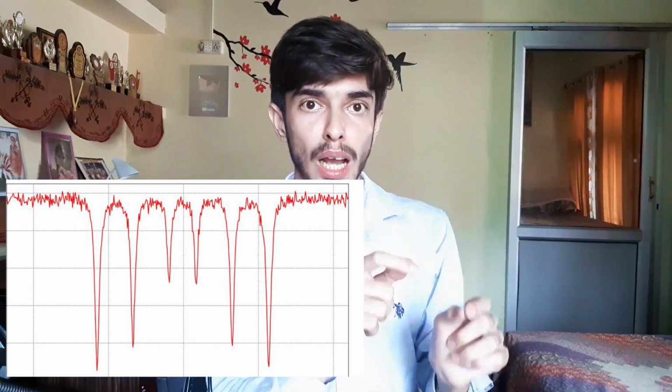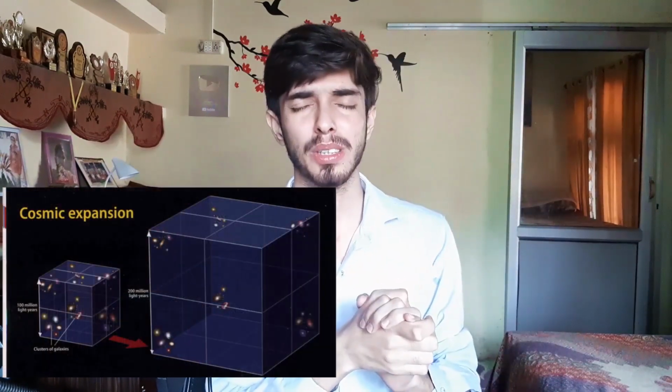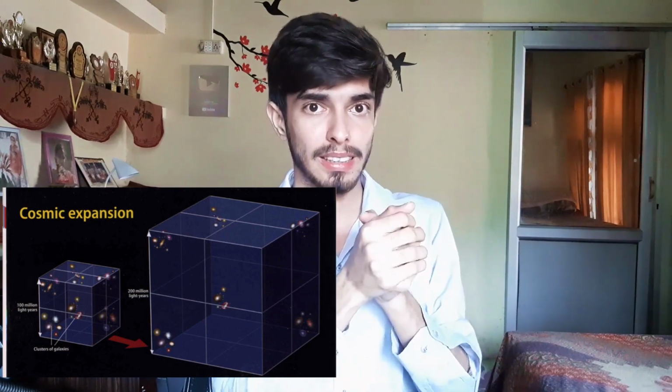Okay, now as the light is going, what happens is this. See, this is really interesting and I don't know if you will understand it or not. The space is simply expanding. This is a really famous theory. So what happens is that it absorbed at a specific wavelength, and as light is traveling hundreds of light years, the space expanded, and due to that expansion the wavelength got stretched.